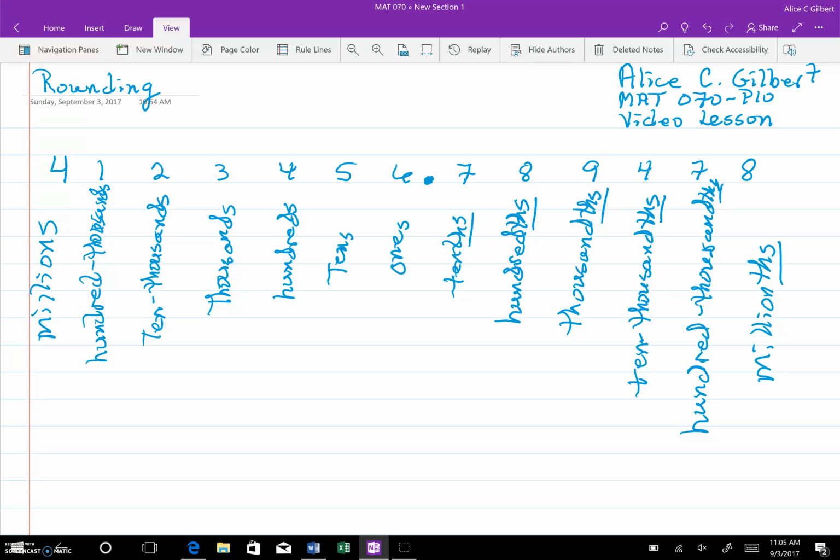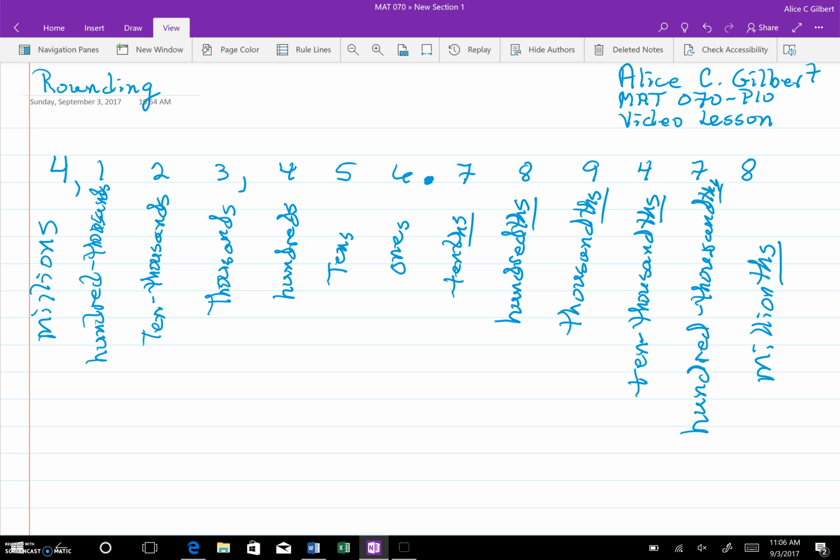So going from the decimal place left, the 6 is in the ones place, the 5 is in the tens place, the 4 is in the hundreds place, the 3 is in the thousands place, the 2 is in the 10,000s place, the 1 is in the 100,000s place, and the 4 is in the millions place.